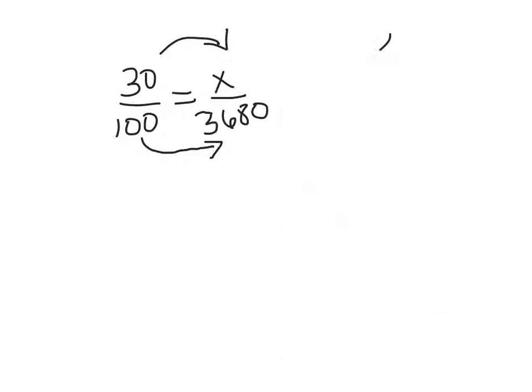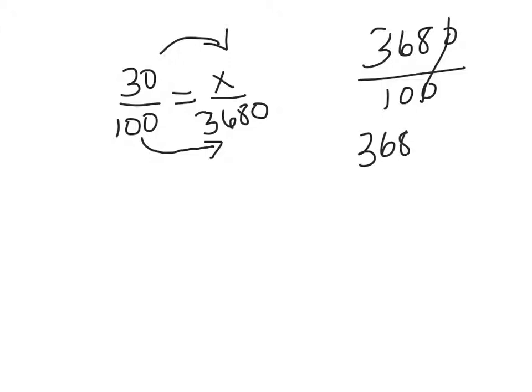Another way to see that is if I take 3,680 and divide it by 100, and keep going, 368 divided by 10, what I get is 36 8/10. That means to get from 100 to 3,680, I multiply by 36 8/10.